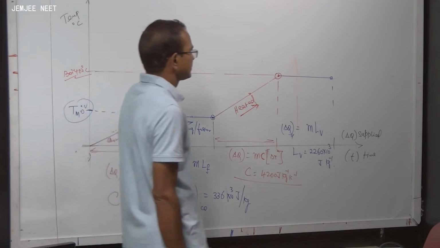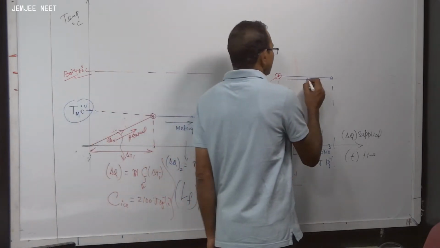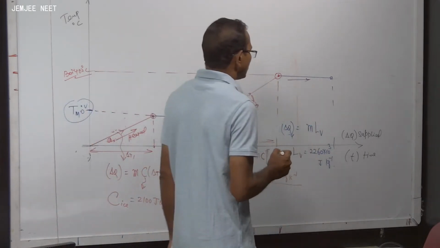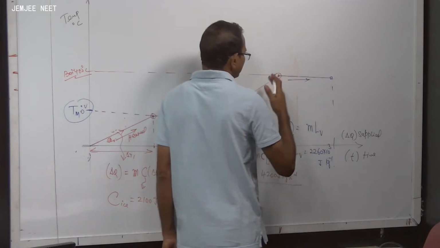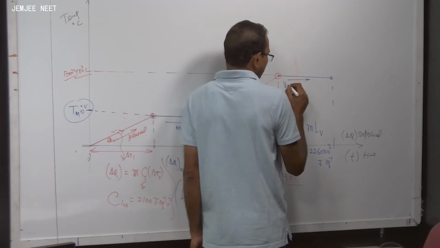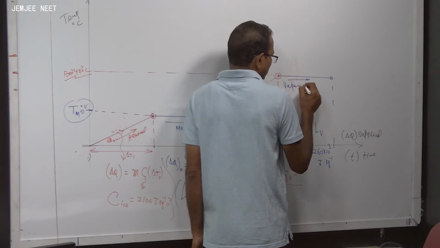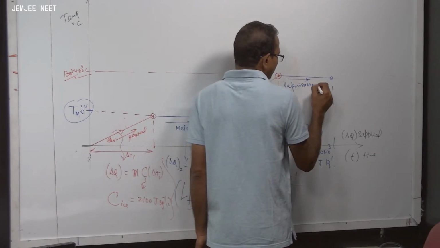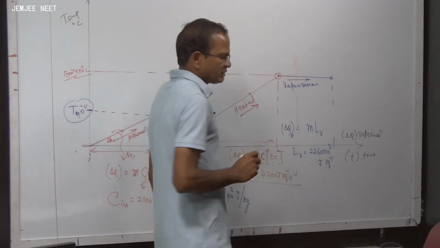Correct. Perfect. Then this process is called what? Can any of you tell me what process is happening here? Vaporization. Very good. Here the vaporization is happening at 100 degrees Celsius.